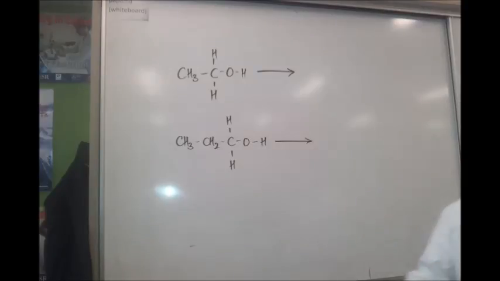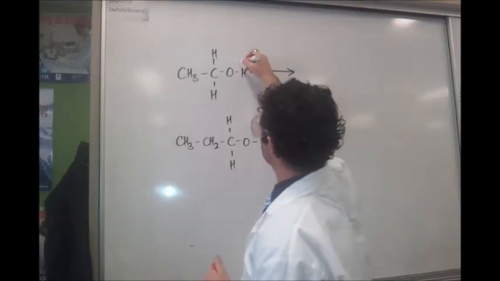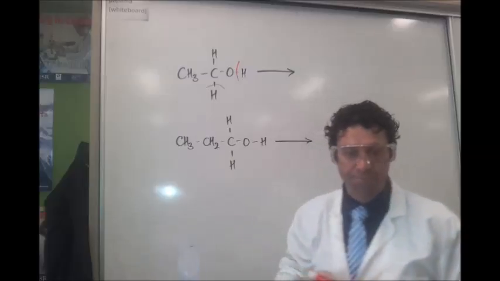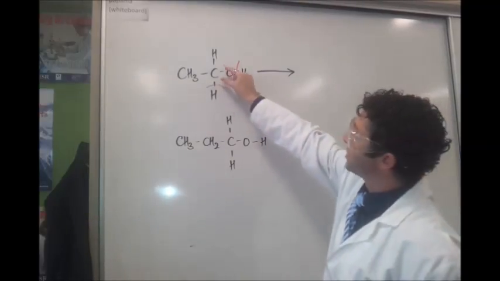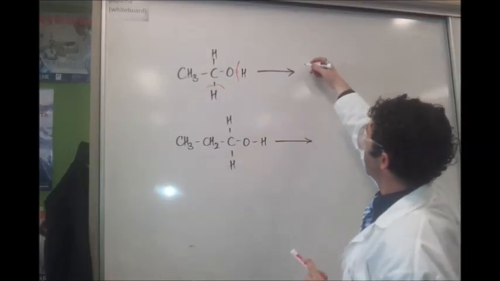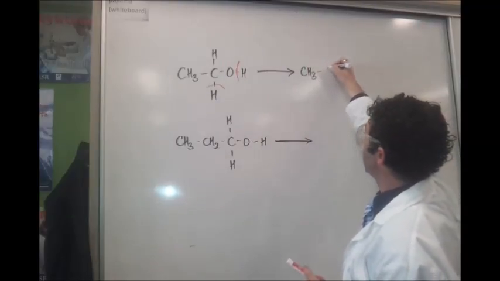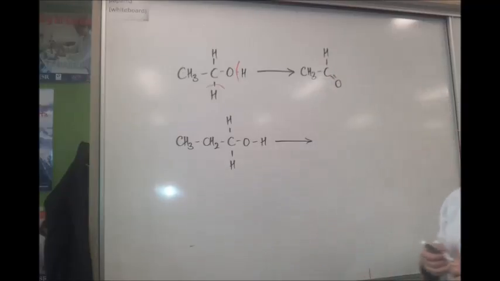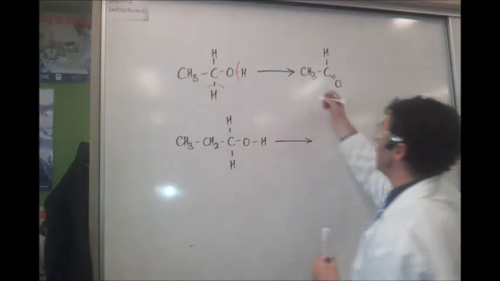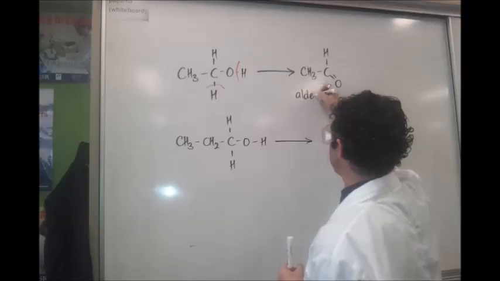But the reason that it can be oxidised is because it has the ability to lose some hydrogens. In this case, it's going to lose this one and this one. So they come off, and this forms a double bond here, making CH3CHO, with an H there and a double bond to an oxygen there. This is called ethanal. It's an aldehyde. We'll learn about those next year.